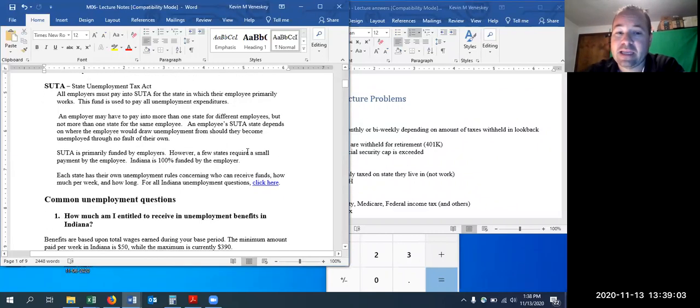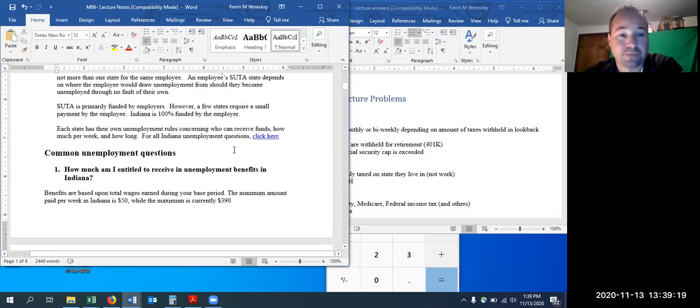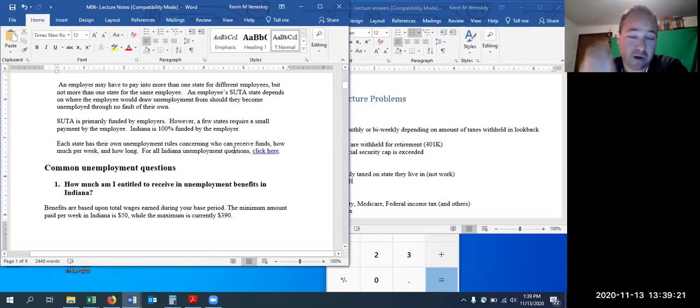Basically, you pay into the state, and wherever you pay into the state for that employee, that's where that employee will have to turn to get unemployment should they become eligible. Okay, so again, SUTA is primarily funded by the employers.